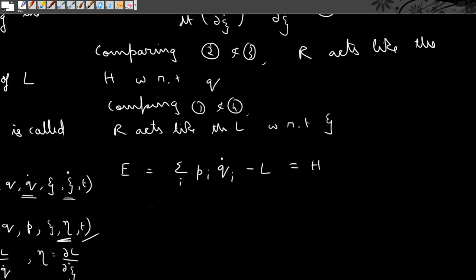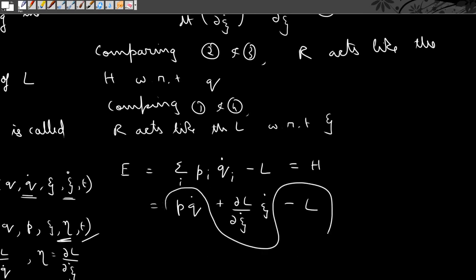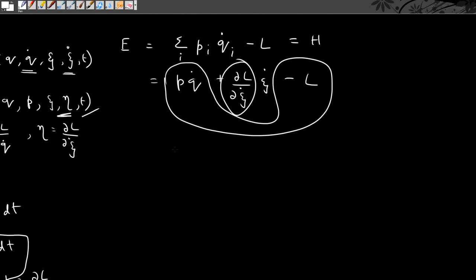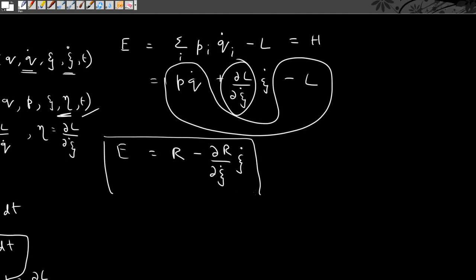To express that in our example, we know that this is equal to p q dot plus dou L by dou xi dot into xi dot, minus L. But this part is nothing but our Routhian, and dou L by dou xi dot is minus dou R by dou xi dot, as we have already seen. So this becomes R minus dou R by dou xi dot into xi dot. Okay, so this becomes our expression for energy in terms of the Routhian.